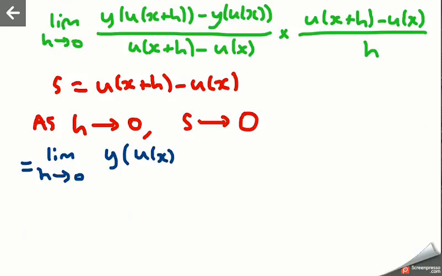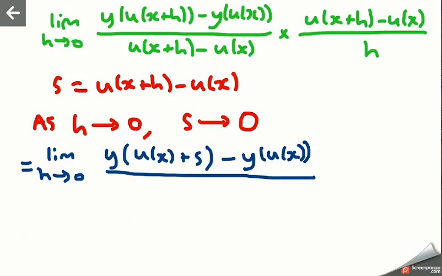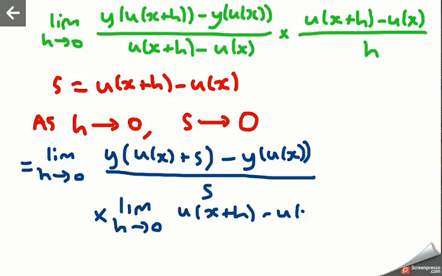So we have y of u of x plus s minus y of u of x, divided by, well, u of x plus h minus u of x, that's just equal to s. And we're going to be multiplying this by the limit as h tends to 0 of u of x plus h minus u of x divided by h.